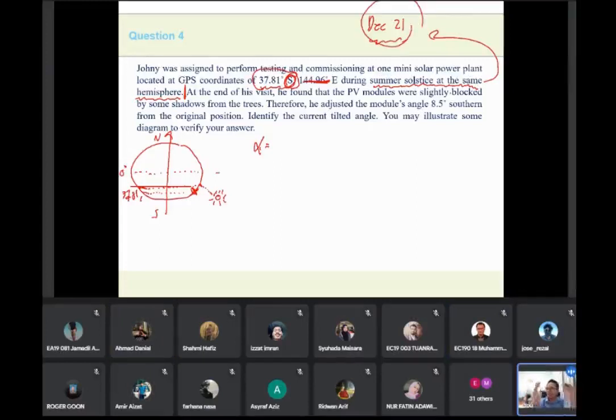Tapi jahat, sengaja menjahatkan soalan ni. Saya letak summer solstice at the same hemisphere. Bagi understanding kau tu. Kira macam tricky sikit ni. Bukan tricky sikit, memang tricky pun. Sengaja tricky pun. Nak kena faham betul-betul. If I mention only summer solstice, without additional at the same or different hemisphere, if you Google, summer solstice means June 21st.